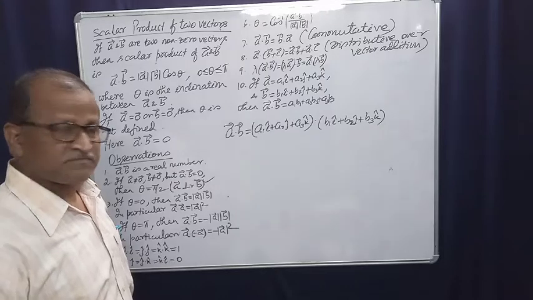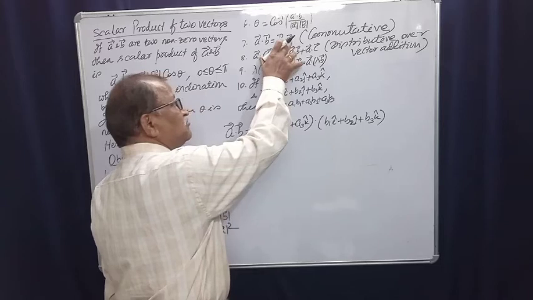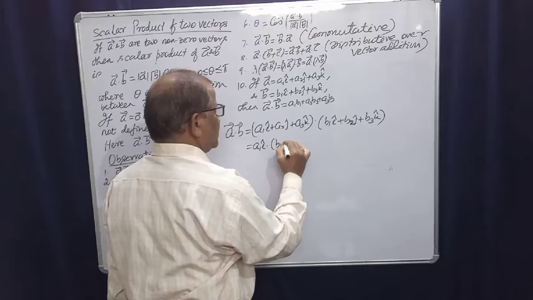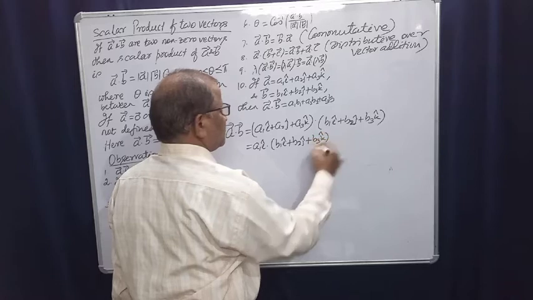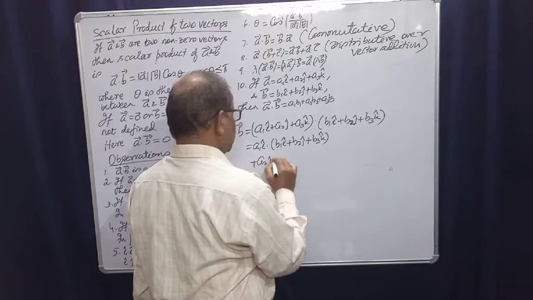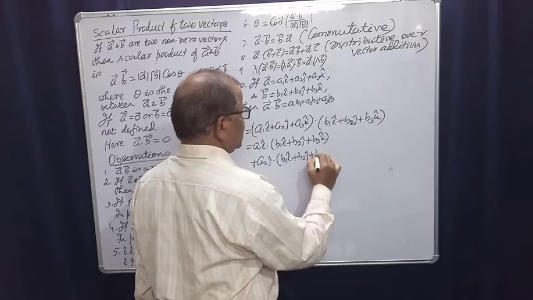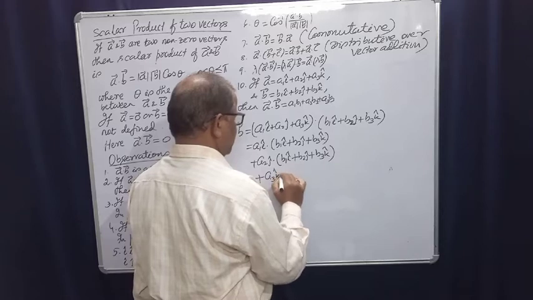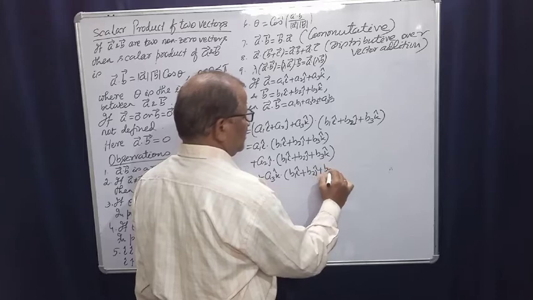So now by the distributive law, it is A1 I cap dot B1 I cap plus B2 J cap plus B3 K cap, plus A2 J cap dot B1 I cap plus B2 J cap plus B3 K cap, plus A3 K cap dot B1 I cap plus B2 J cap plus B3 K cap.